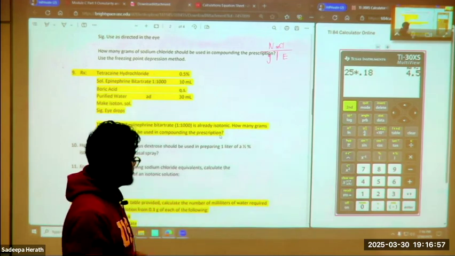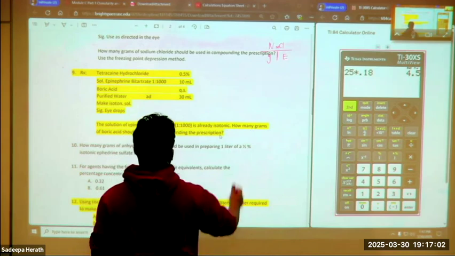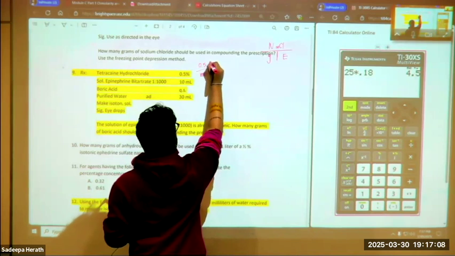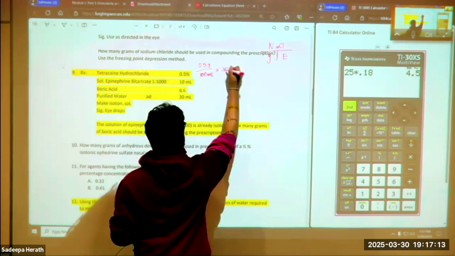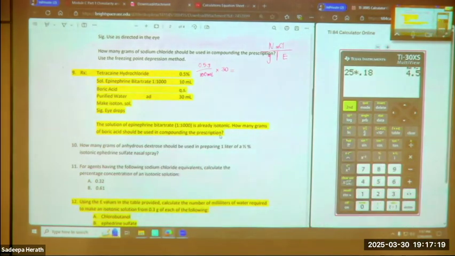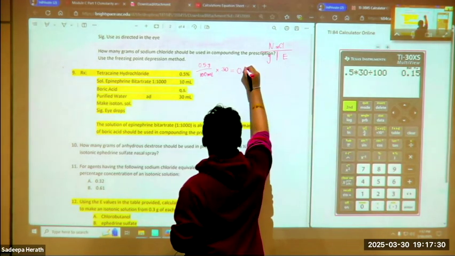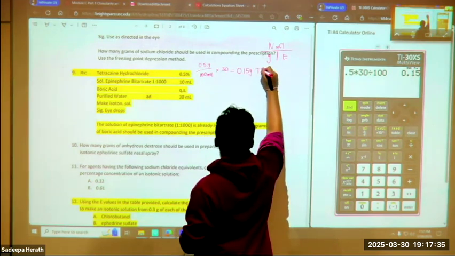So same as before, 0.5% of tetracaine hydrochloride, 0.5 over 100 grams over ml times 30. Okay, so let's find that out. 0.5 times 30 divided by 100, 0.15 of, I'm just going to say THCl.